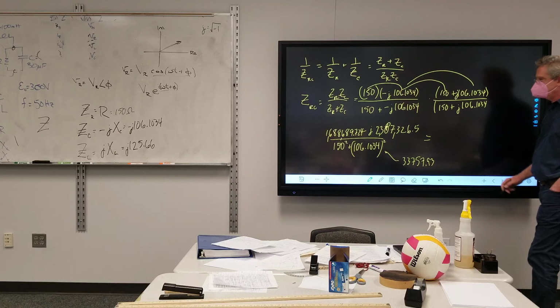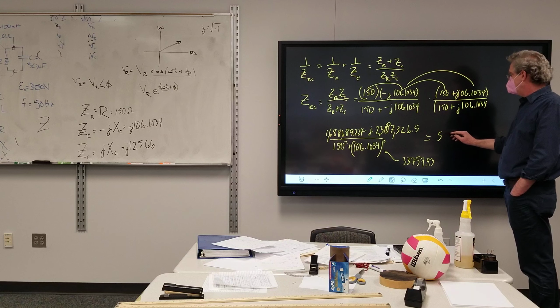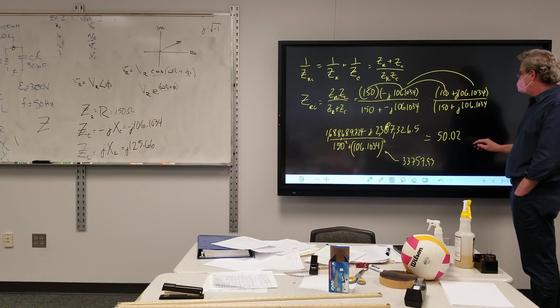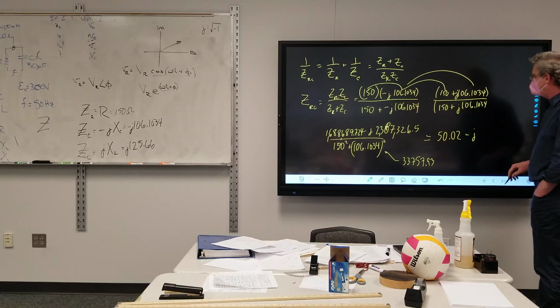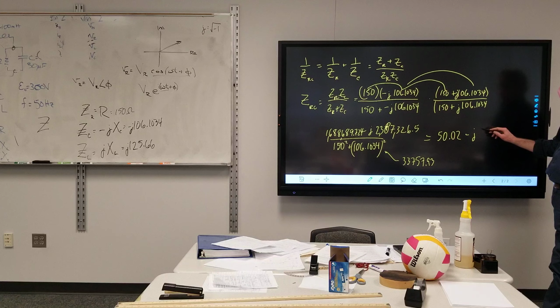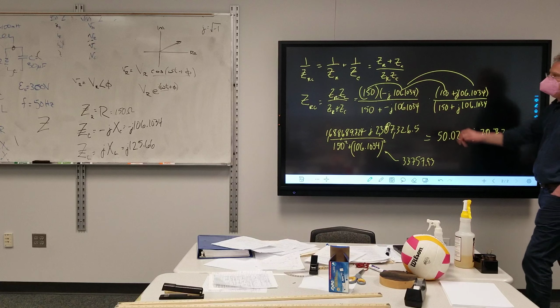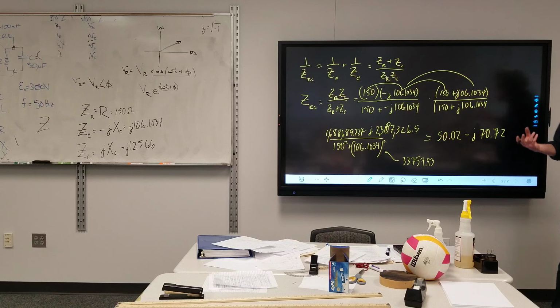The first term is 50.02, and the second is 70.72. So I have my equivalent impedance for this particular block.